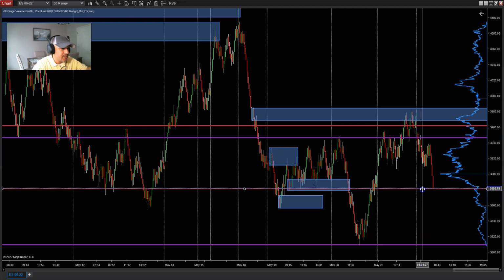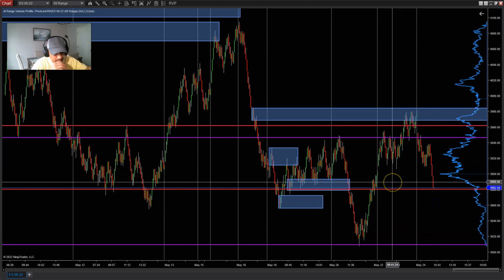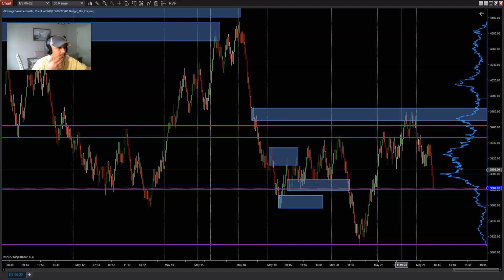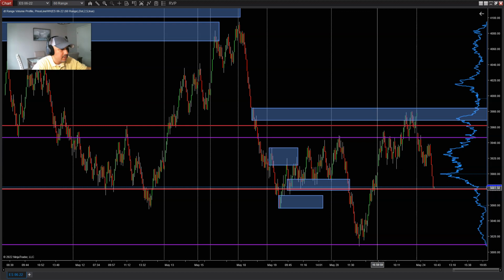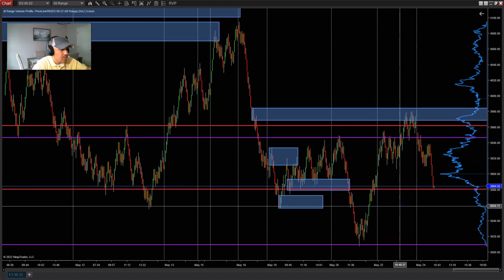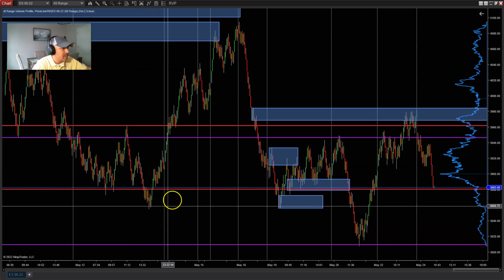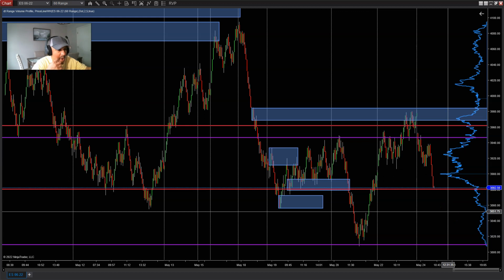Price may try to push on down a little bit. See there, it's already hitting it. Okay, so we can see some rejection here. Let me just take a look, guys. Hold on one second. Yeah, price is pushing lower right now.